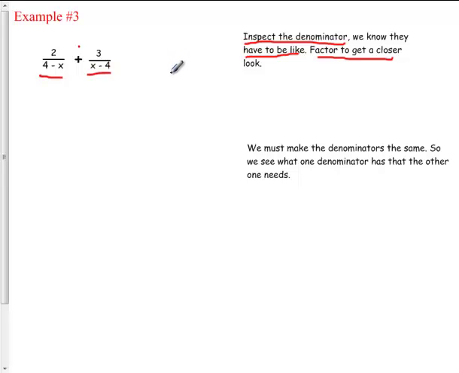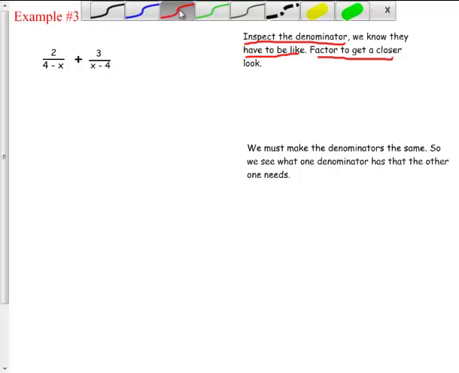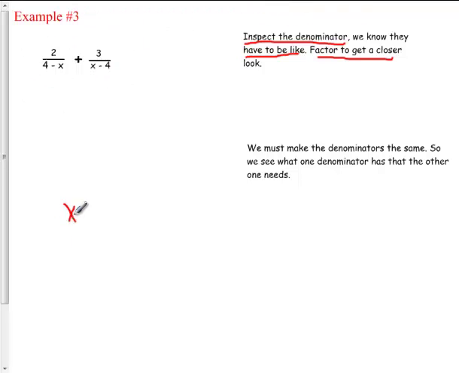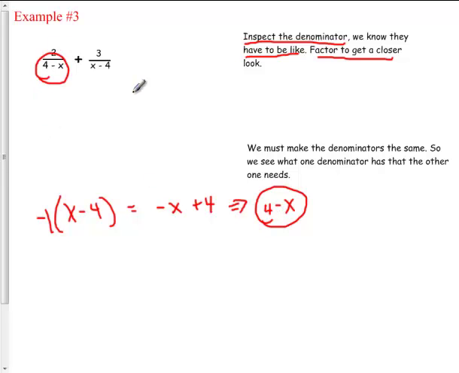Well, I can do a little manipulation here. I've got my choice. Right? If I take x minus 4 and I multiply it by a negative 1, I get negative x plus 4. And if I rewrite that, I get 4 minus x, and that is the same as that.